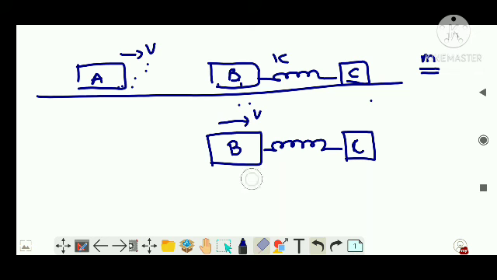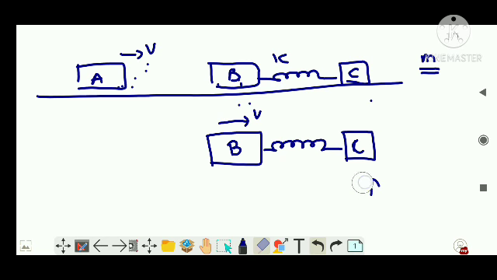When B is moving with velocity v in this direction, the spring will be compressing, and because of that, C will be pushed outwards. B pushes here, C will be pushed out. Clear? So I can say B's velocity gradually starts to decrease, whereas C's velocity starts to increase gradually.